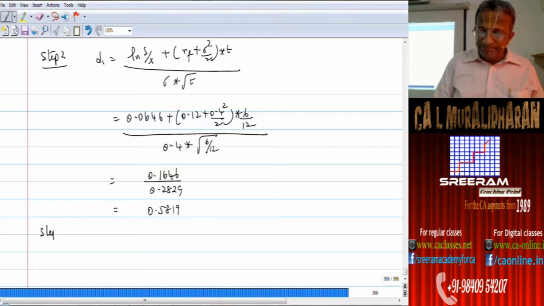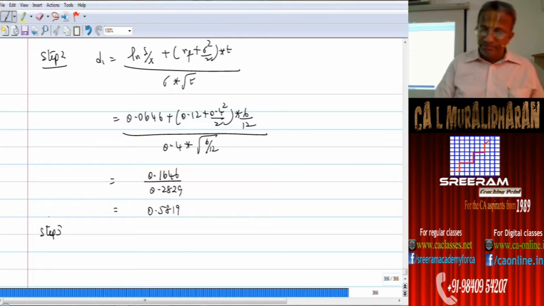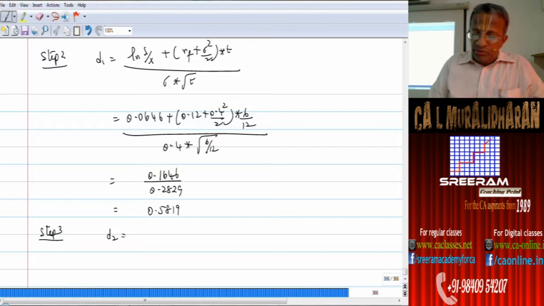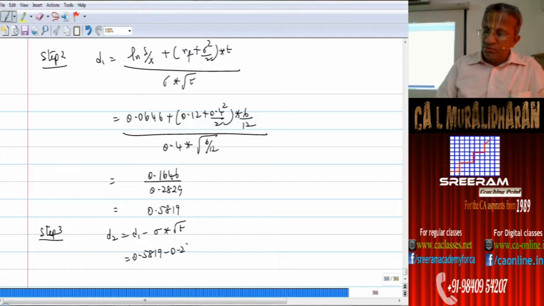Step 3, or else I'll just check up. Step 3, d2 is equal to d1 minus standard deviation into the square root of T, which is equal to 0.5819 minus 0.5 into, for this one we have already worked out, no, 0.2829.